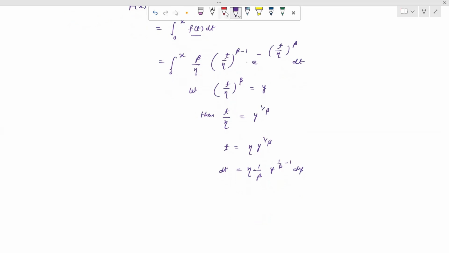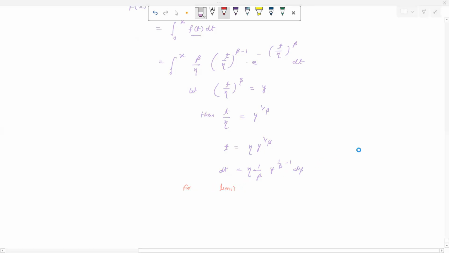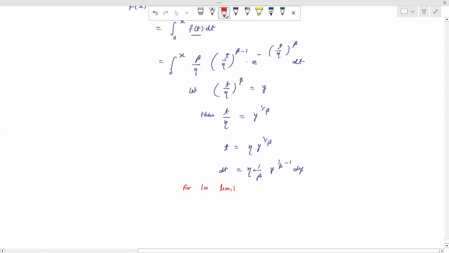So we write down the limits. For the lower limit, t is equal to 0.